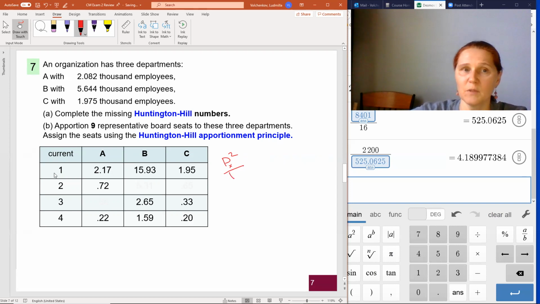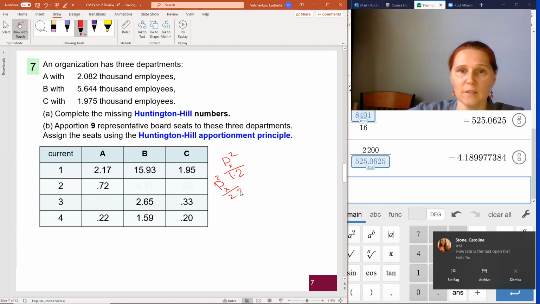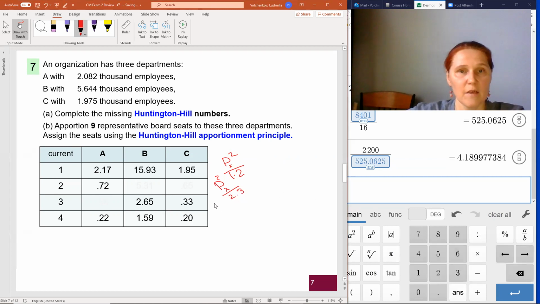The current number is 1 in the first line, times the future number, 2. In the second line, population squared divided by the present number, which is 2, times the future number, which is 3. Then in the third line, population squared divided by 3 times 4, and so on.